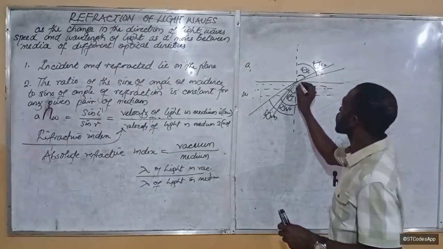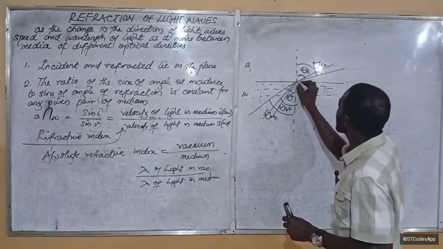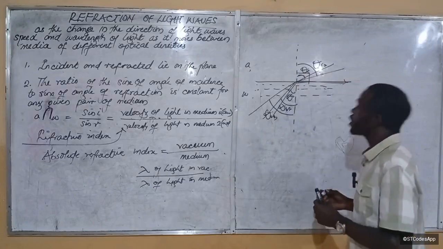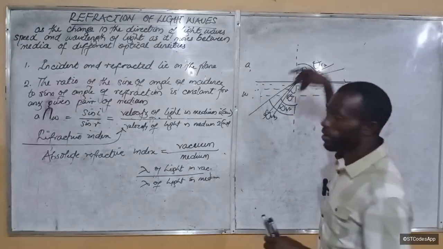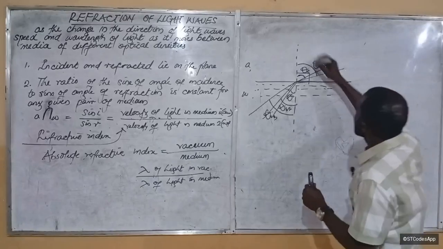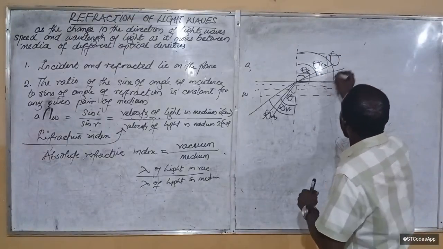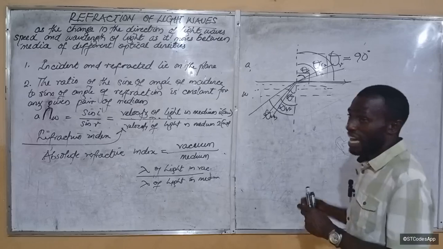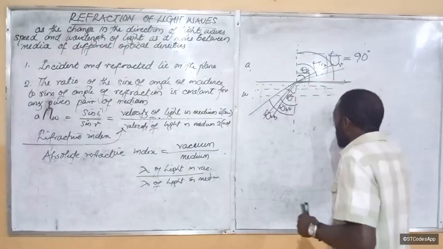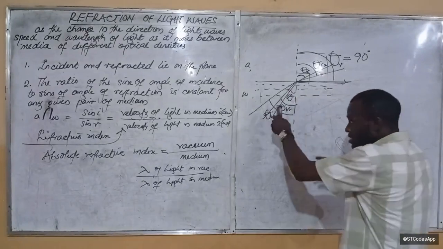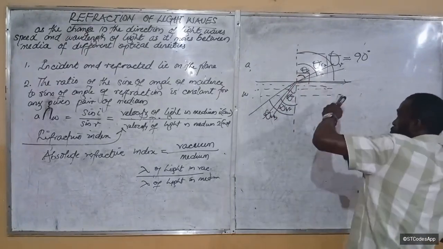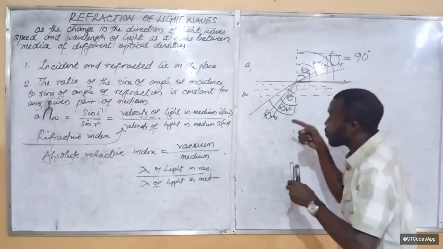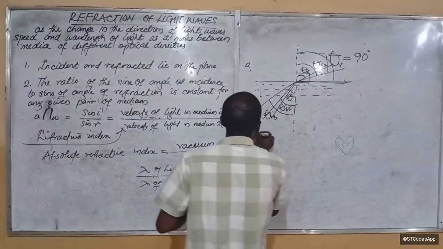So a point will come where the angle of refraction is exactly at the interface, exactly 90 degrees to the normal. At that angle of incidence, where your theta r is equal to 90 degrees, that angle of incidence is called the critical angle.